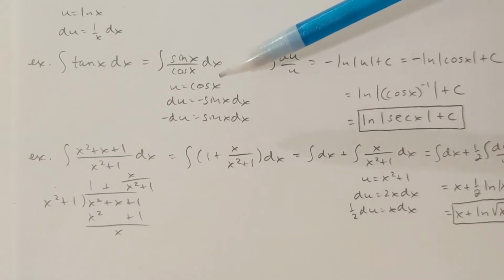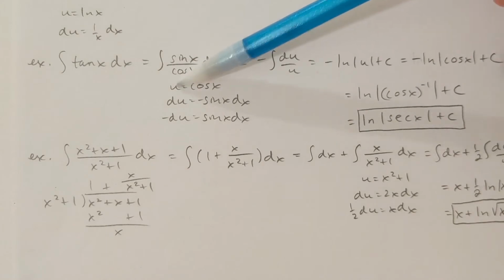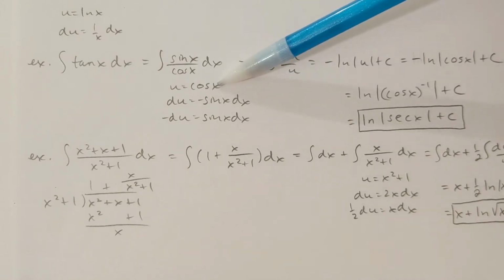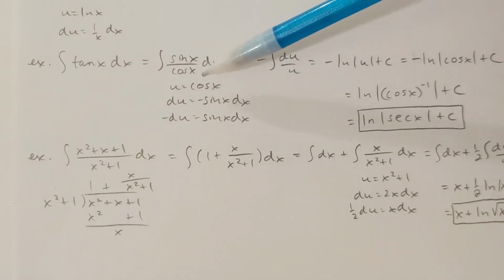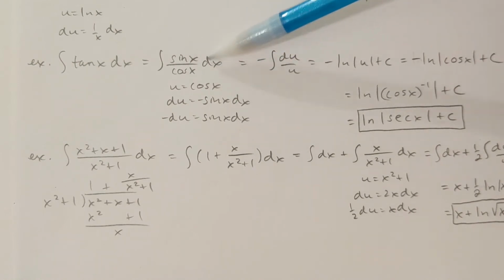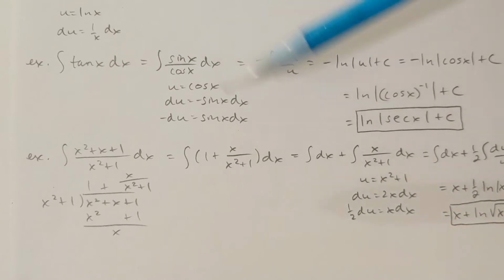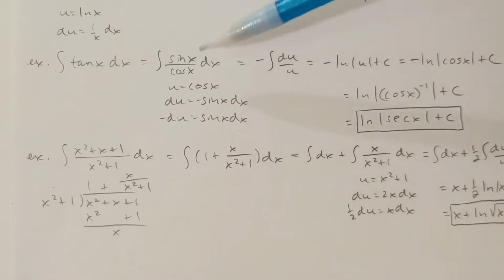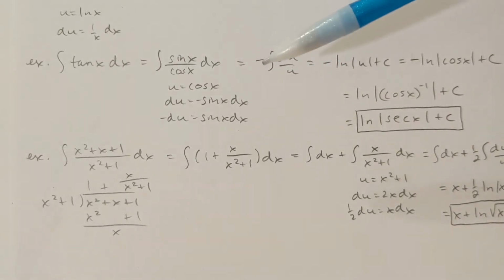Now, I mentioned in the previous video, sometimes a U substitution involves some guessing and checking. If I were to let u be sine x, then du would be cosine x dx. Now I don't have a cosine x dx. Dx is always in the numerator of a fraction, if you have a fraction in the integrand.